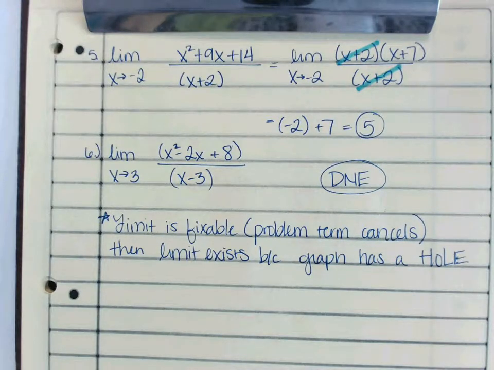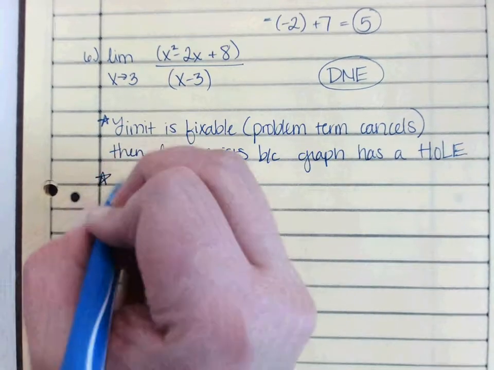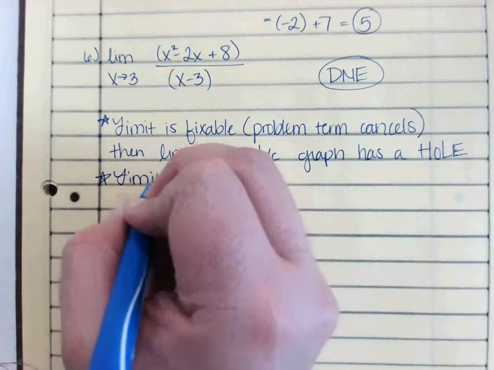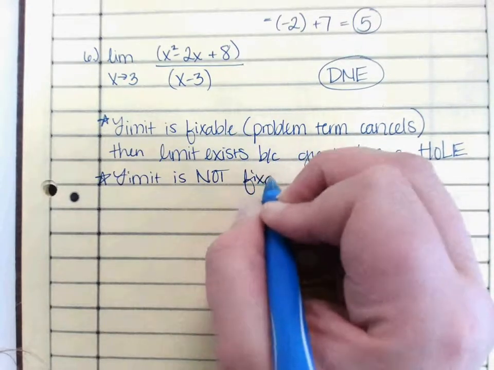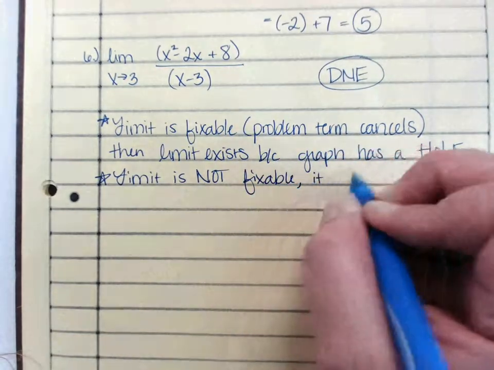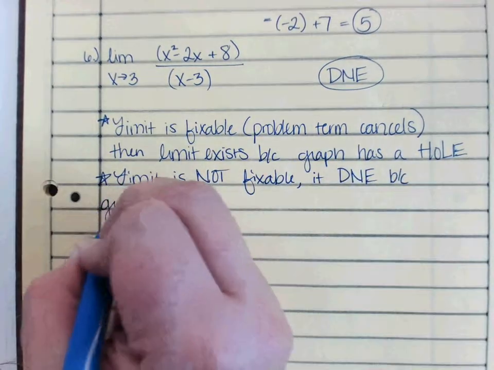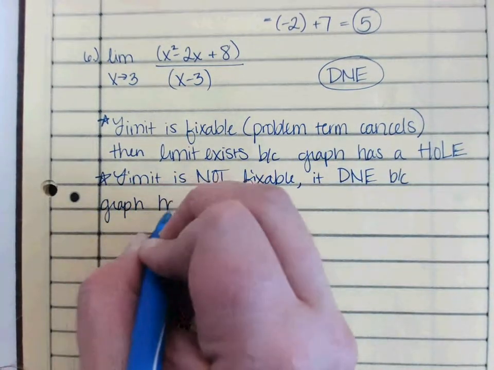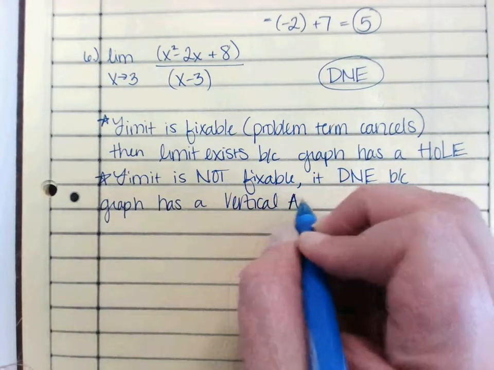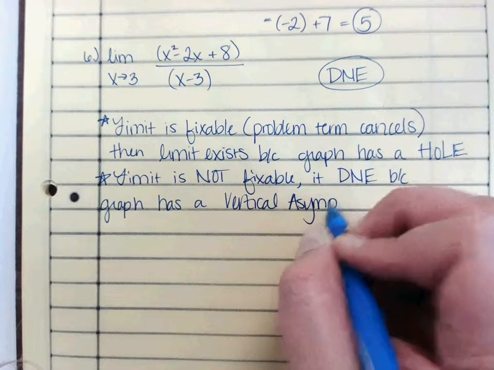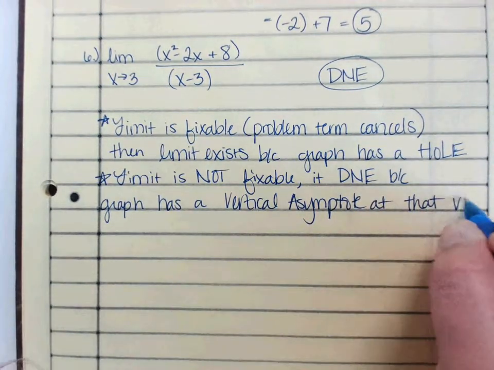So we're going to put here, if the limit is not fixable, it does not exist because the graph has a vertical asymptote at that value.